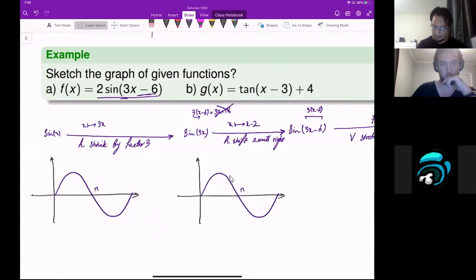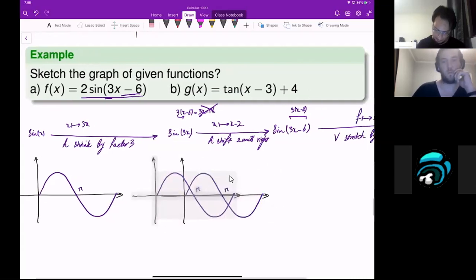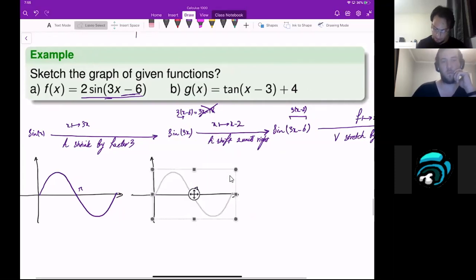In the first step, we are supposed to do the horizontal shrink by factor 3. So everything will be multiplied by 1/3.